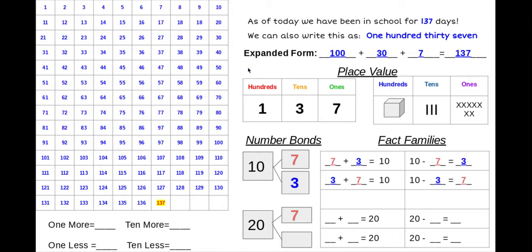What goes with 7 to make 20? Think to yourselves and write it down. What goes with 7 to make 20? Abby says 13. Let's see if she's right, and let's see if you're right. 13. Good job. Okay, so we need our fact families. How can we make an addition problem?